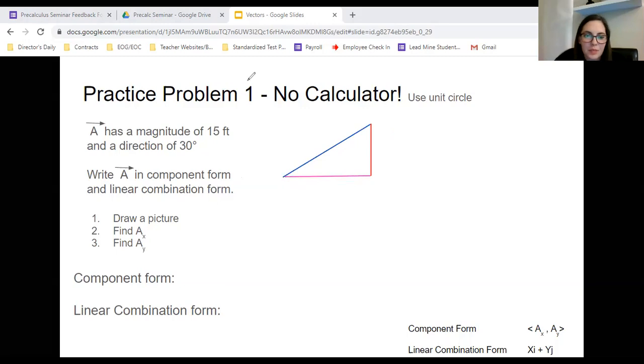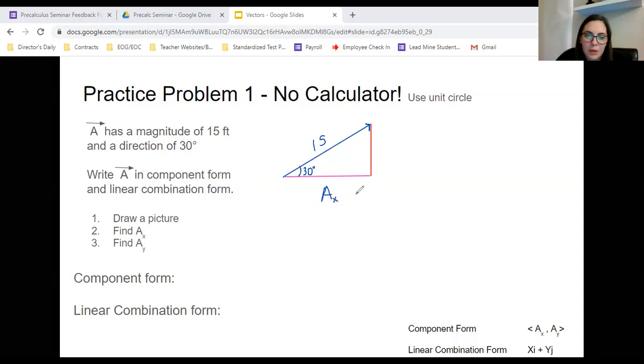Okay, so this magnitude of 15 really just represents the hypotenuse, or the length of this vector. I have my arrow here because that's important. And we know it's at a direction of 30 degrees. So it's a direction, so it's from the positive x-axis counterclockwise, just like we're used to in most of the trigonometry we've already seen.